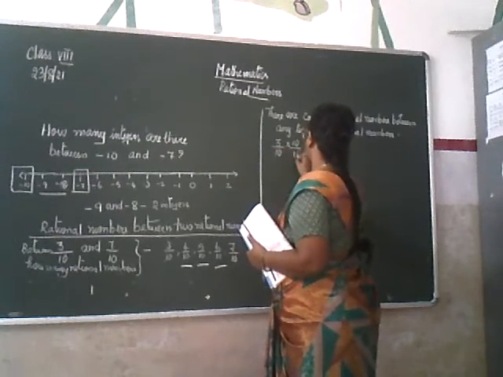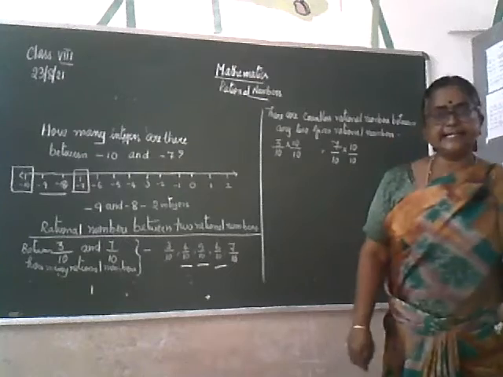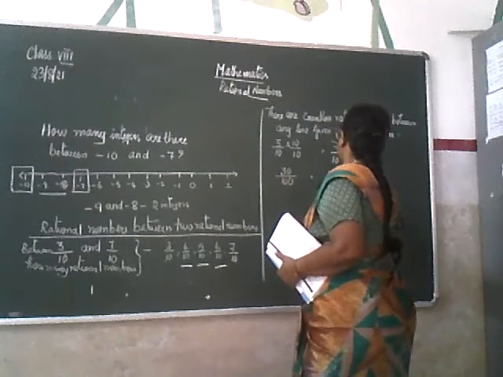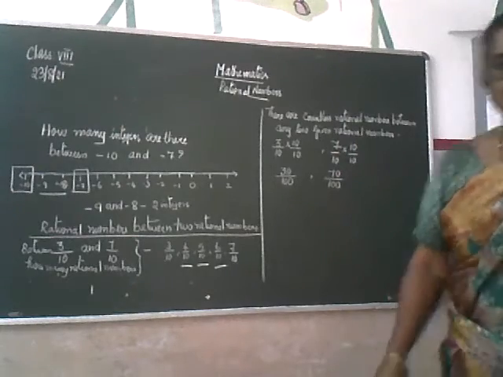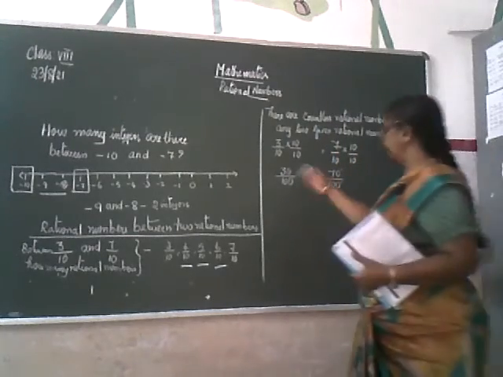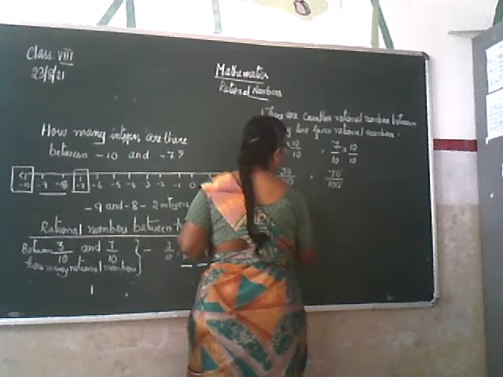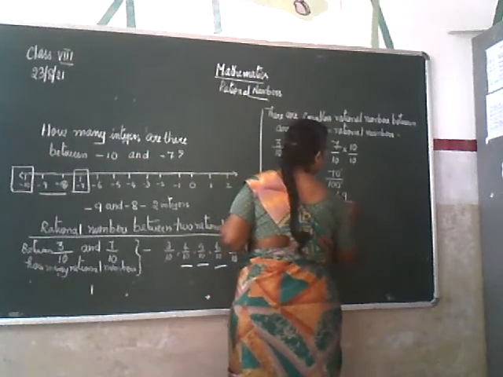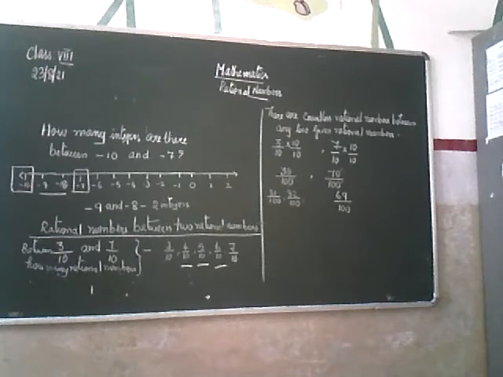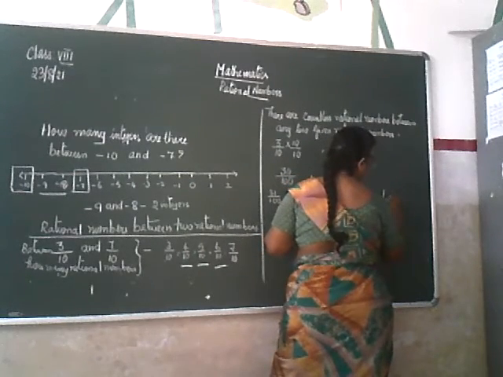Then you can write there are 39 rational numbers.